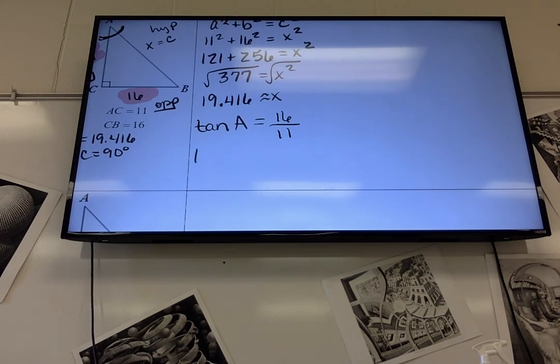So we're going to do the inverse tangent, which is just a tangent with a little -1, to both sides. Tangent and inverse tangent cancel each other out.